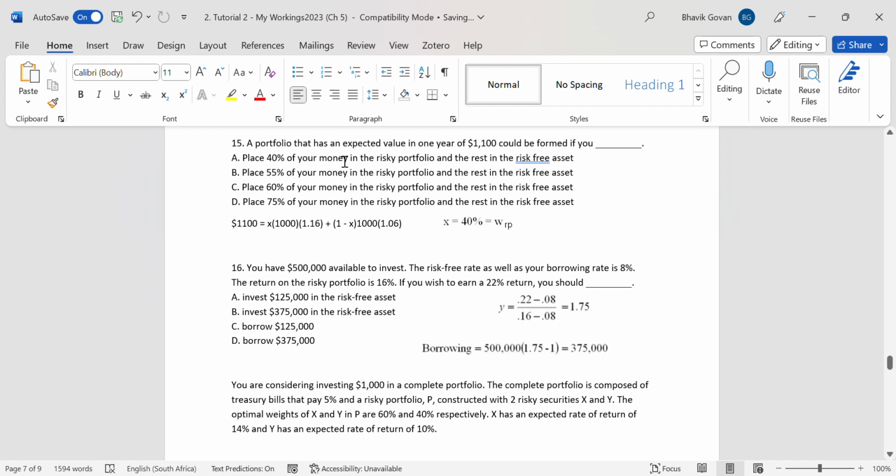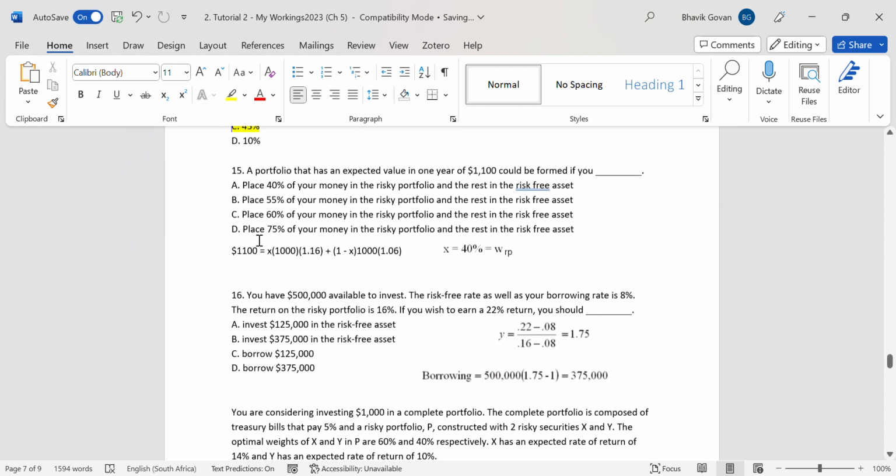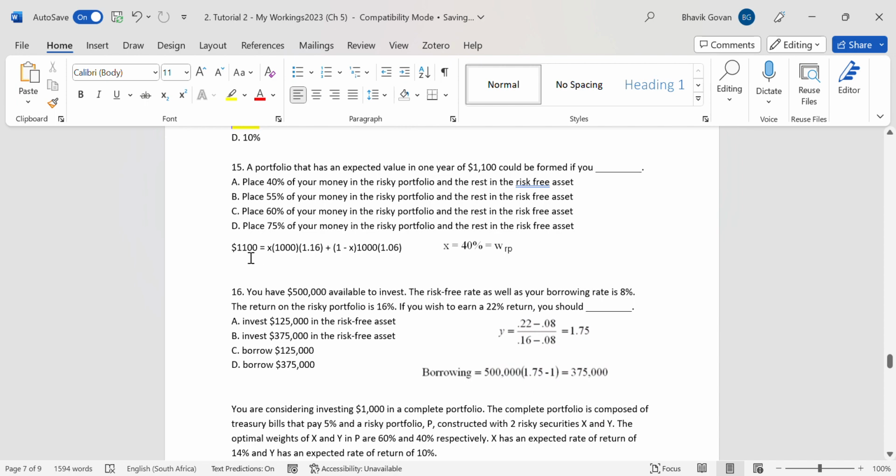A portfolio that has an expected value in 1 year of 1,100 can be formed if, so I'll say 1,100 is equal to x, which is the weight of the risky portfolio.